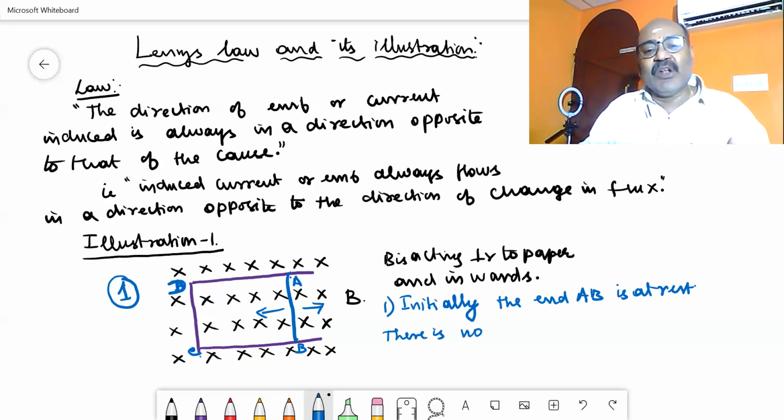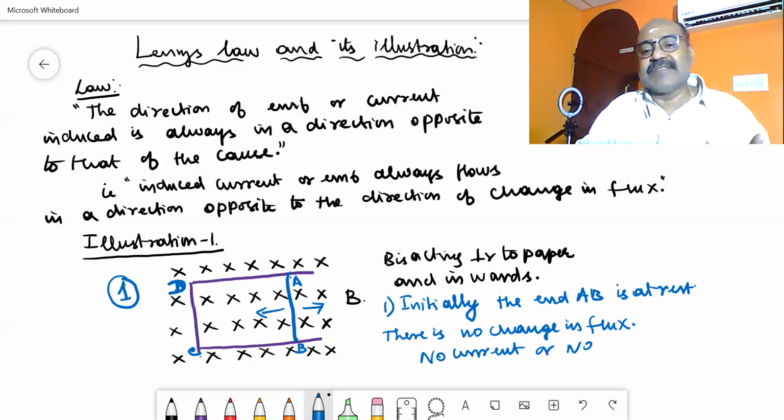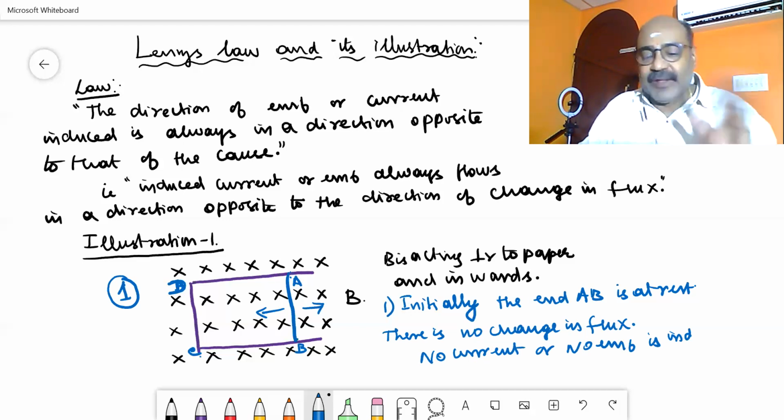If there is no change in flux, then no current or no EMF is induced. Let us consider this as the first point.